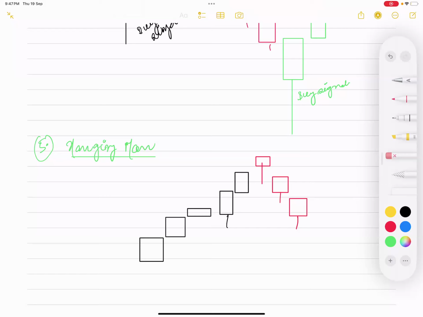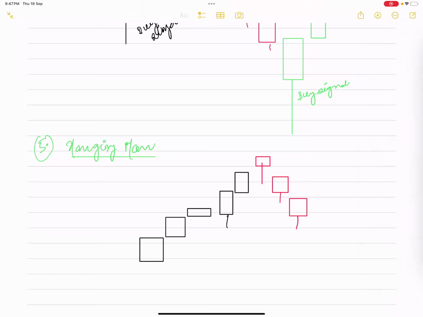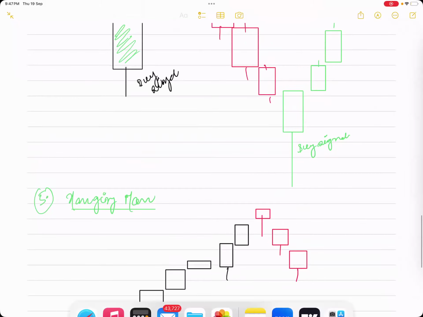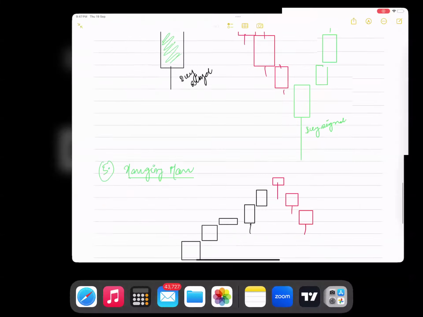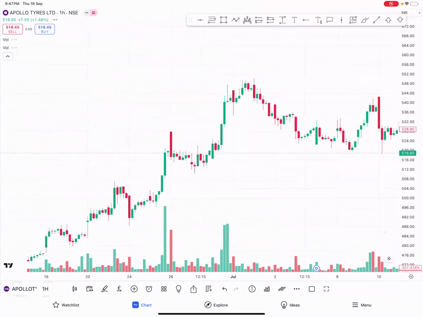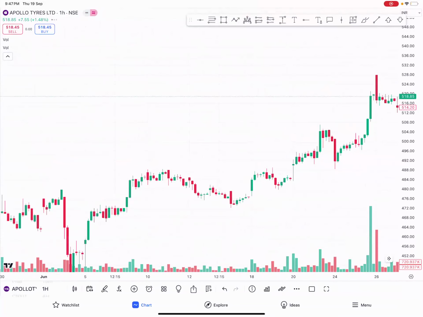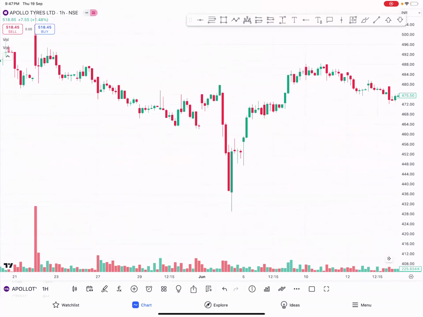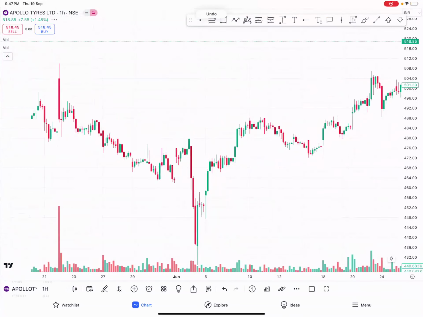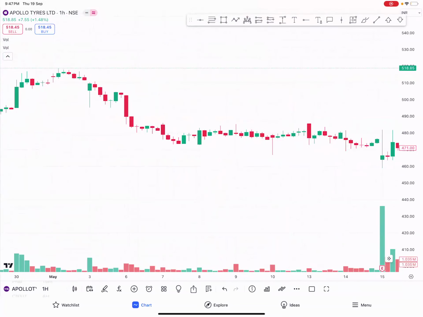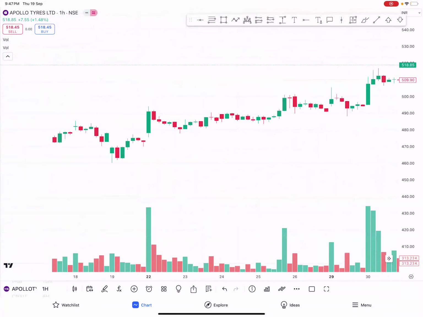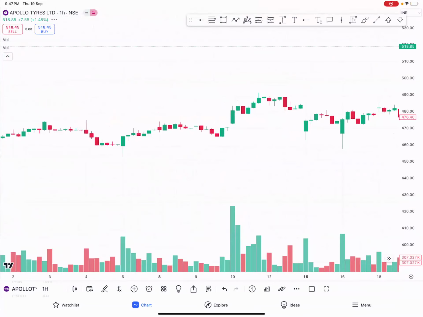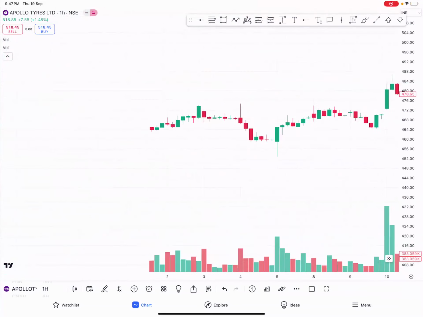Ma'am, show some examples of the Marubozu signal. Yeah, Marubozu, you can just look at it. So if you look here, search for such patterns where there will be no wicks, that means it's a Marubozu and it should be a longer candle.